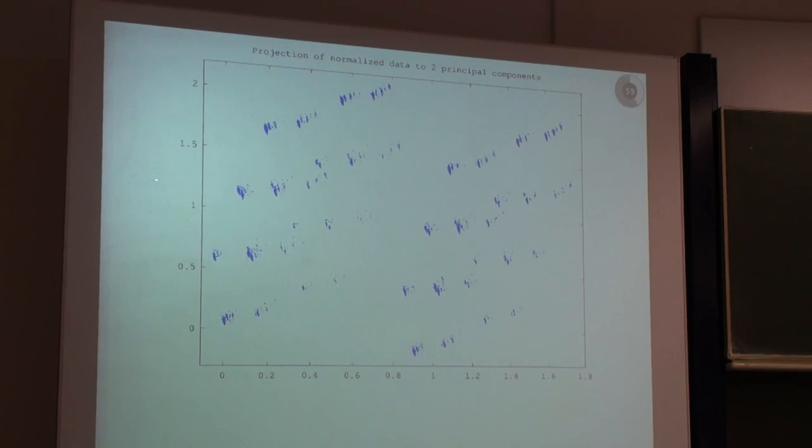But if we look at the normalized values, and that's what I saw when you showed it to me, that's the picture you get when you normalize your data, calculate the eigenvectors of the covariance matrix, and project on the two largest eigenvectors. Highly structured.